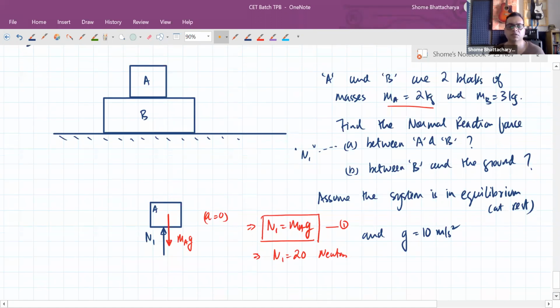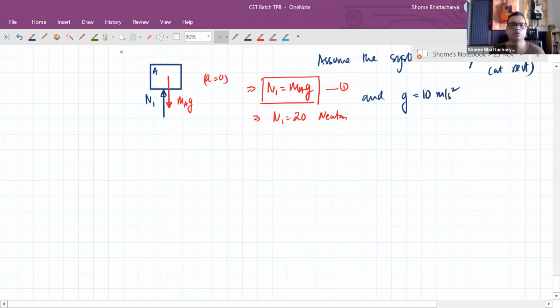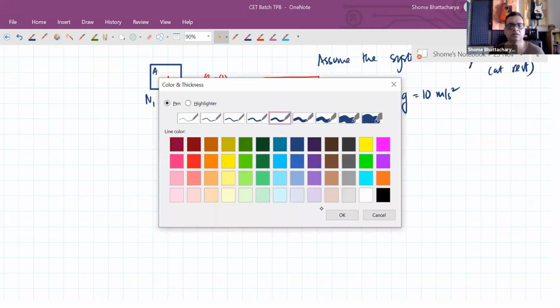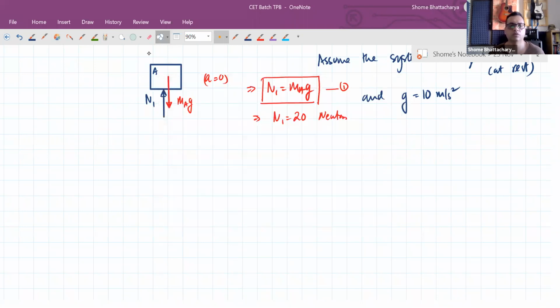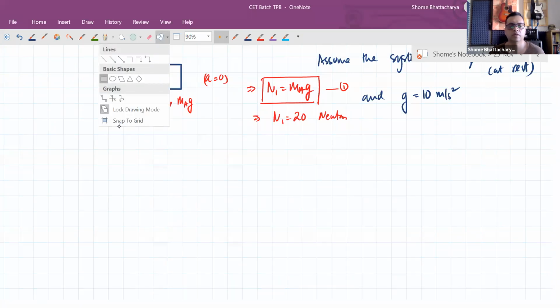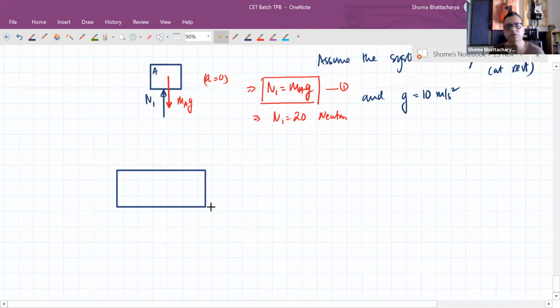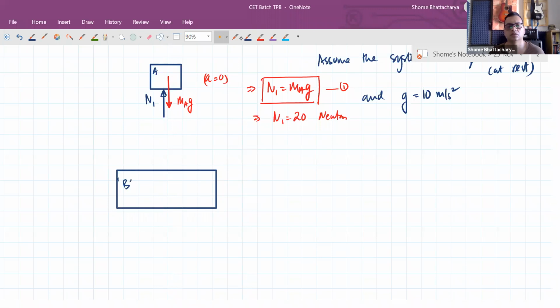Okay. Now similarly, when you turn your attention to the block B, you realize that on the block B, this time there are three forces acting, not two. Why three forces? Because there is something on top of it, that is the block A, and that will apply a contact force on it downwards. So there will be a normal reaction applied by A on it vertically downwards, because A is on top of it.